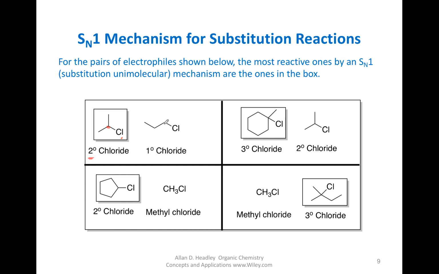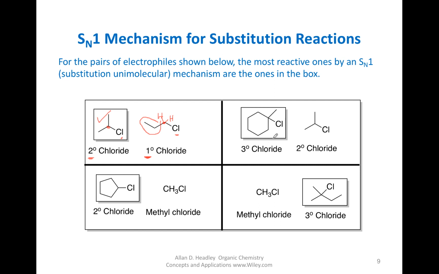This type electrophile is a primary because this carbon that has the leaving group is bonded to just one alkyl group. Of course, we have here two hydrogens. So this is a primary chloride. So this is more reactive by SN1.